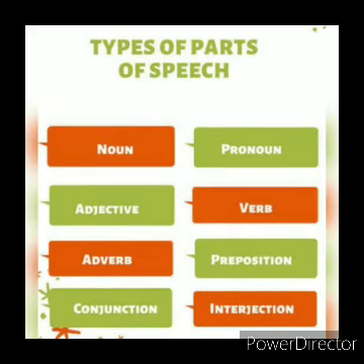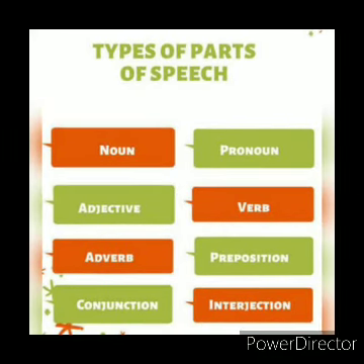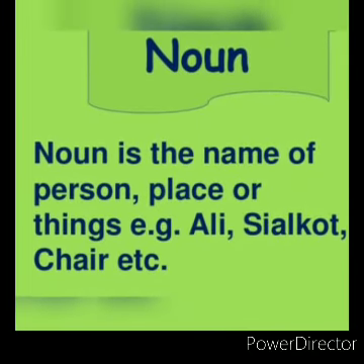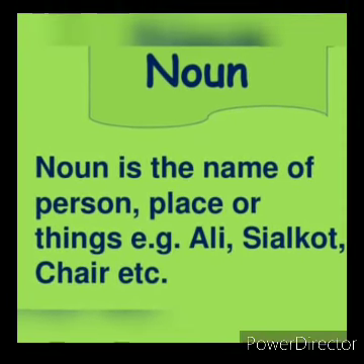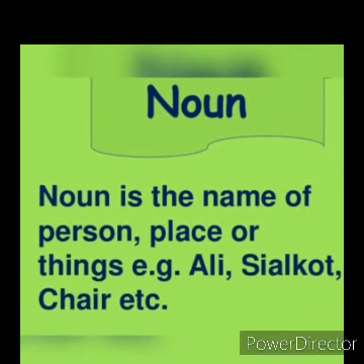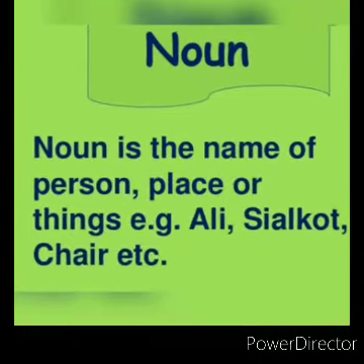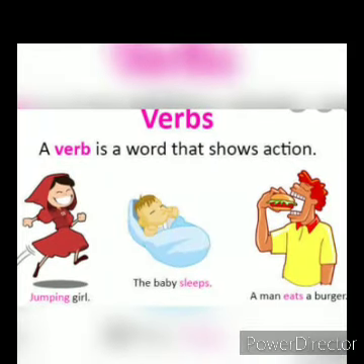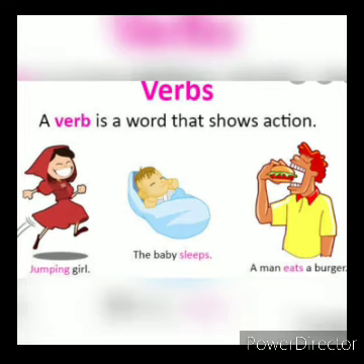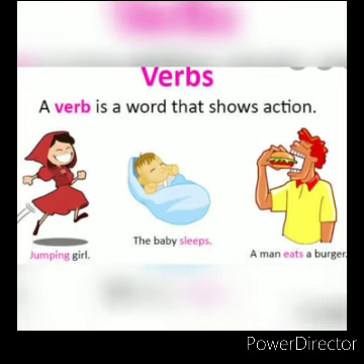There are 8 important parts of speech in English grammar. First one is noun. Noun is a naming word. It could be a person, place, animal or thing. Next is verb. Verb is a word used to describe an action, state or occurrence.